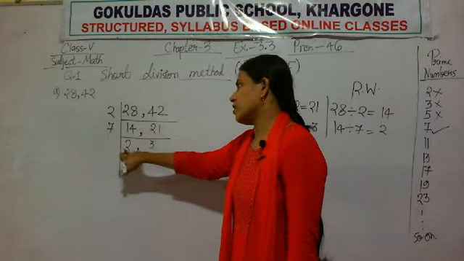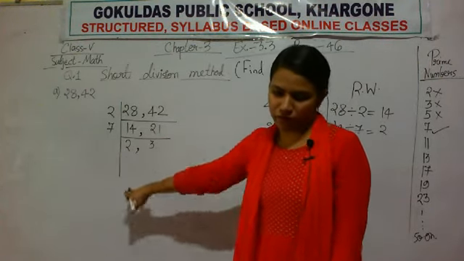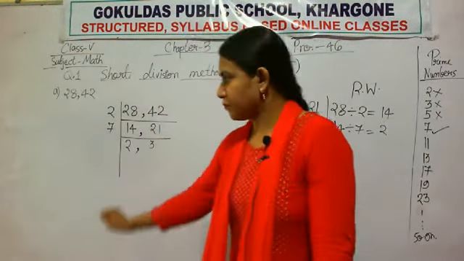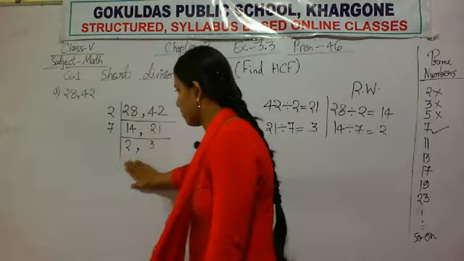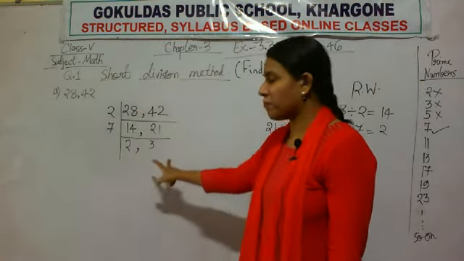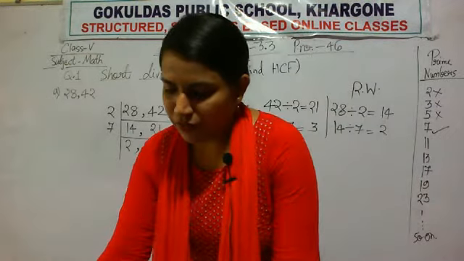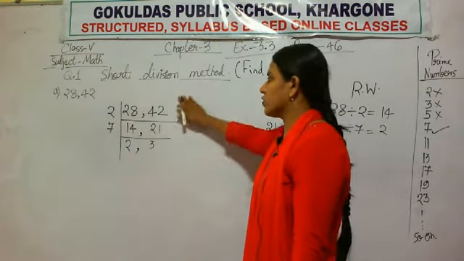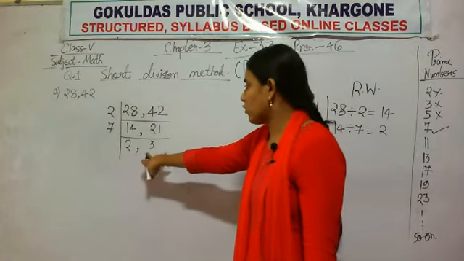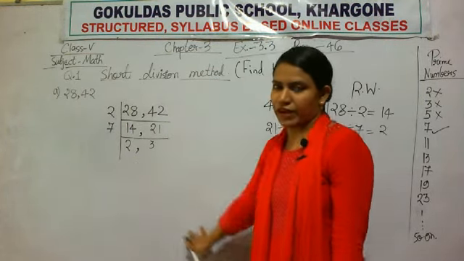Now you observe it. Both the numbers are prime numbers, right? We need to continue this division process till there are no common prime factors.